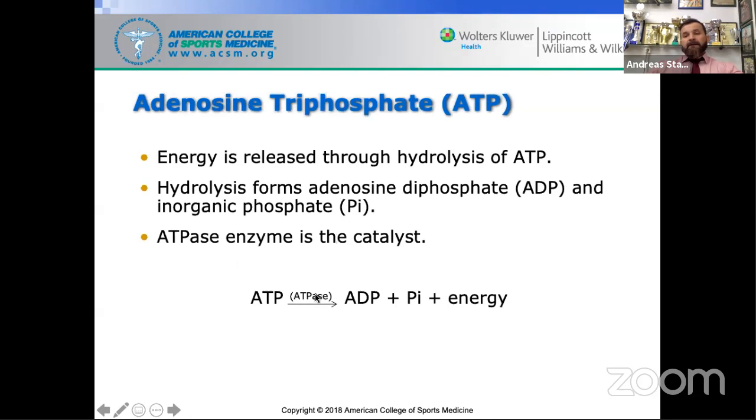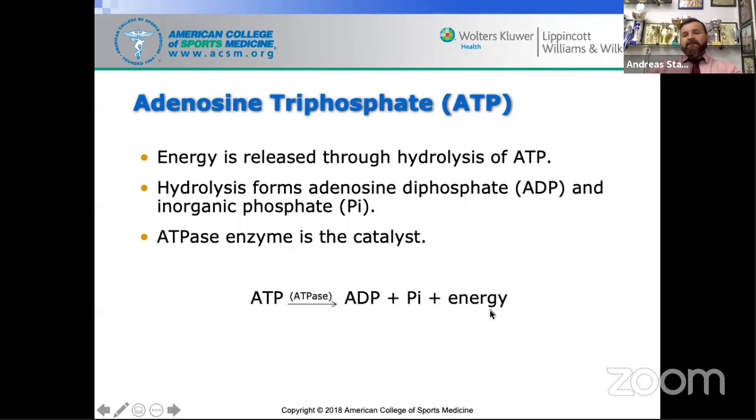Now, the very first system is the ATP system. Now, we have some ATP, the energy coins, right? We have some ATP in our body that is stored and we need to use it. What do we need? We need that energy right here. So we have this thing called hydrolysis of ATP, which breaks down the ATP through this enzyme to ADP, inorganic phosphate, and energy.